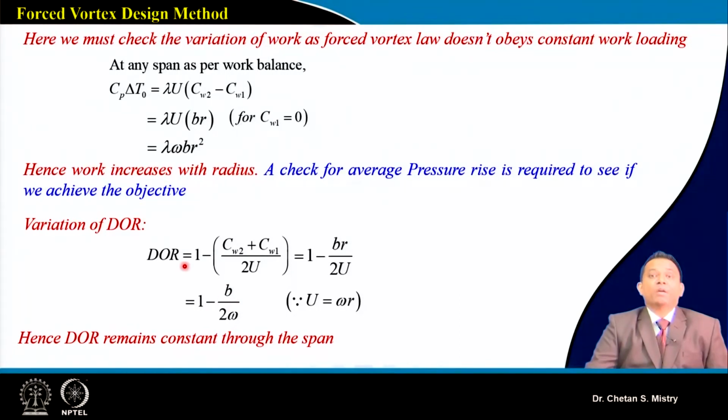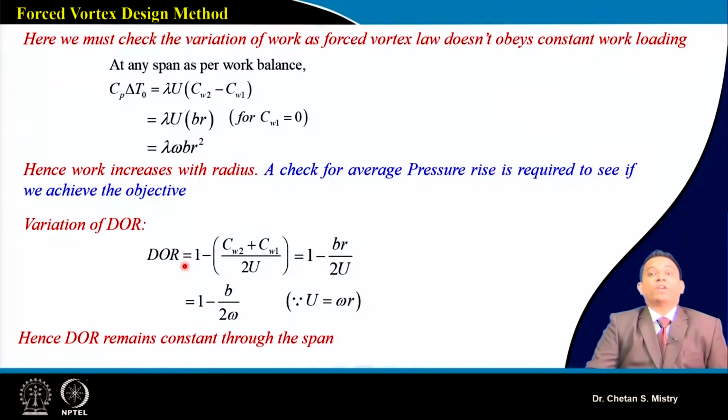So we can say my degree of reaction is independent of radius. Here we have assumed a forced vortex by taking Cw equal to b into r. If you recall, when we discussed different approaches, we discussed arbitrary selection of the whirl component.